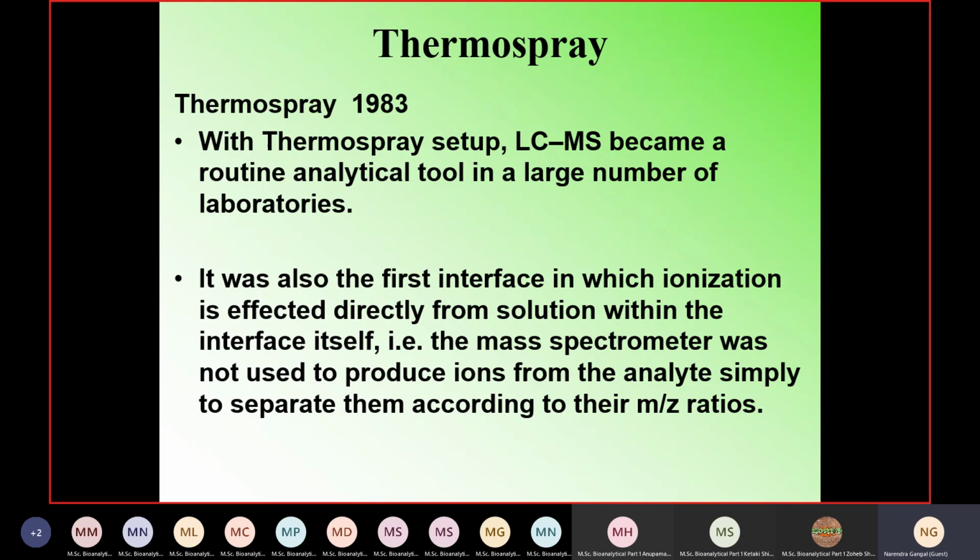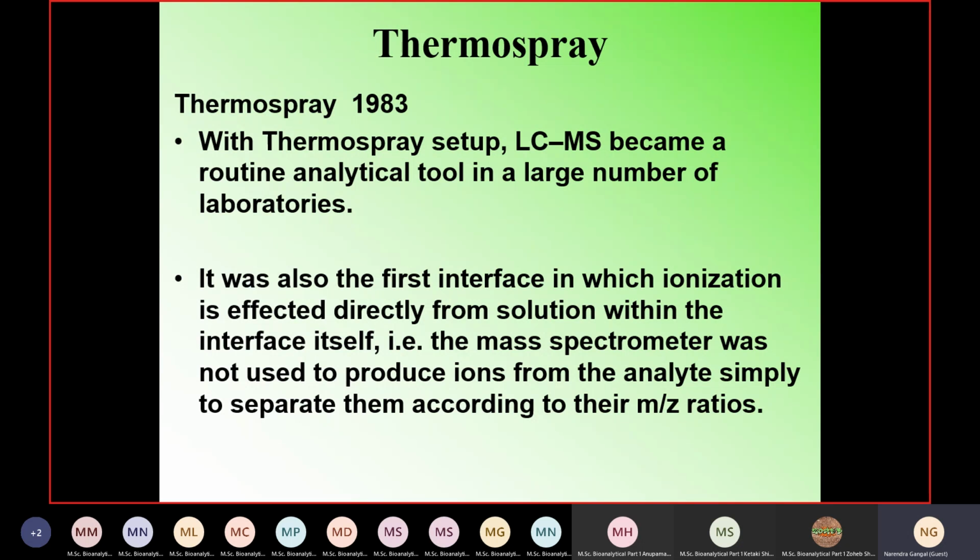So why is this whole amount of gas a problem? Because my mass analyzer portion has to be under high vacuum. We learned that. Otherwise, I have a problem of mean free path, and I will not get reproducible ionization patterns, because ions will be lost.